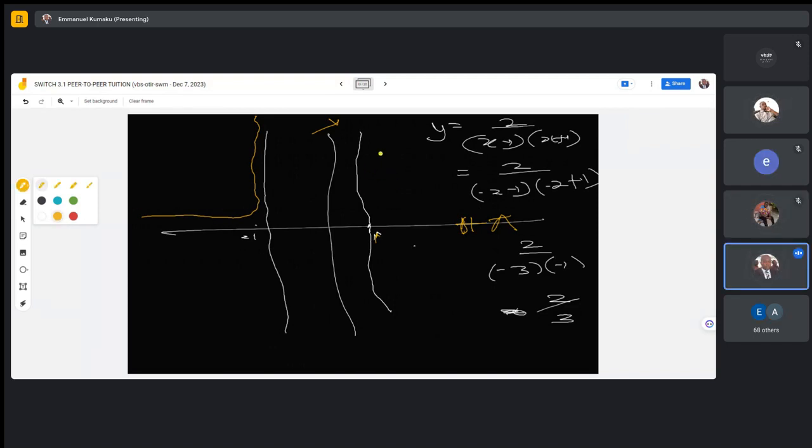So when it happens like this, it means that you can't take any values between the two asymptotes for testing. When you put 1 here, the denominator will be 0.